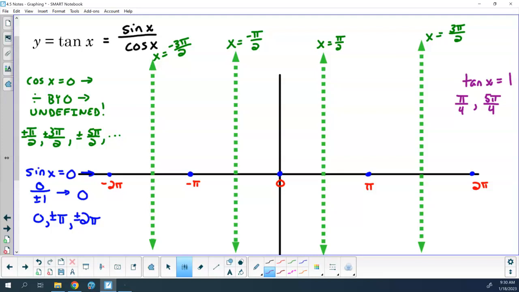So pi over 4 here, tangent equals 1, right? Negative pi over 4 would be down here. Is tangent equal to 1 down here? No. Okay? So where again? So we had pi over 4 there and there.